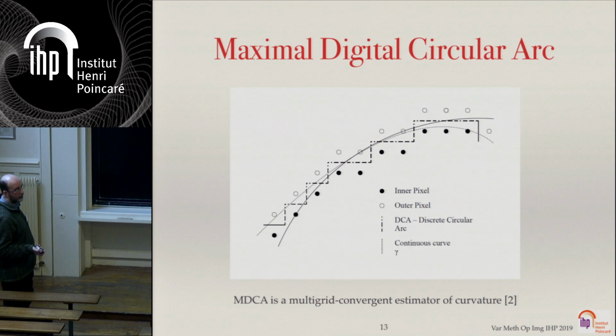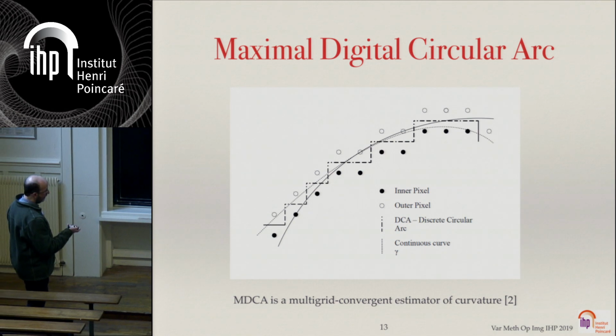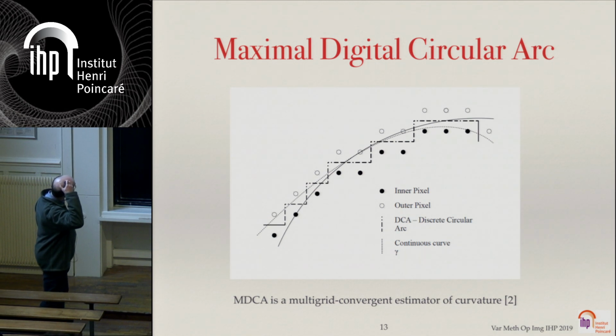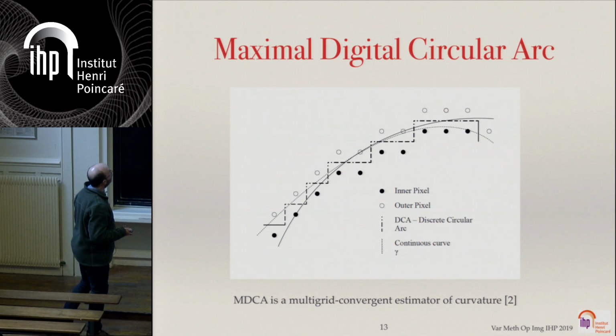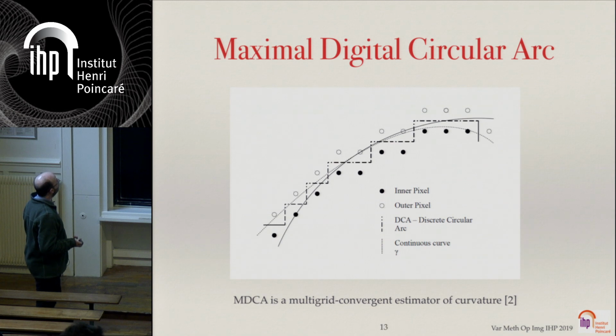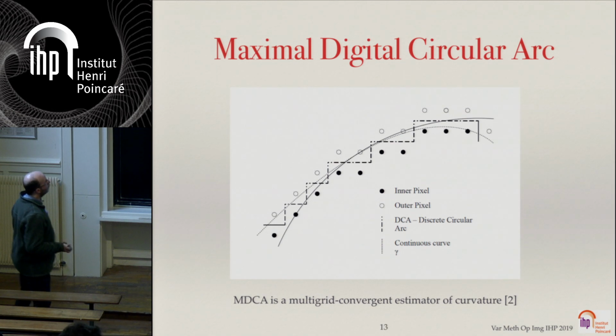And the difficulty with this estimator is to prove that it is multigrid convergent. And actually that has been done, and it's a good estimator from that point of view. Okay, so now we are armed with an estimator of the perimeter and an estimator of the curvature. Can we use them in a context where we want to optimize a criterion based on them?